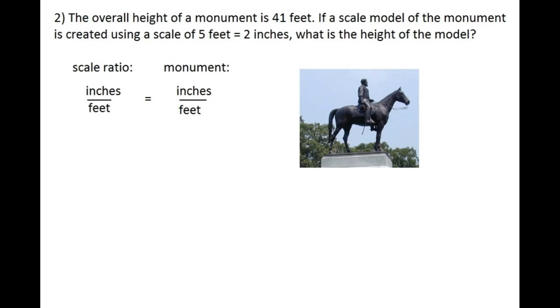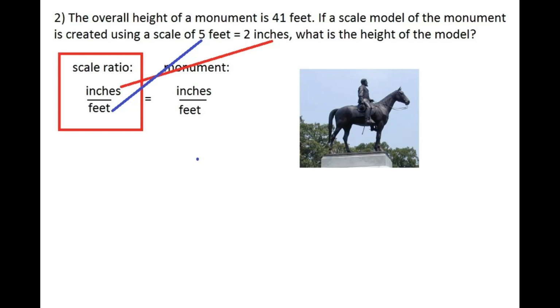And the scale ratio is always stated in inches per feet. So the scale ratio is that for every 2 inches in our toy model, or our representation of the statue, it represents 5 feet in real life. So that's where those lines come from.